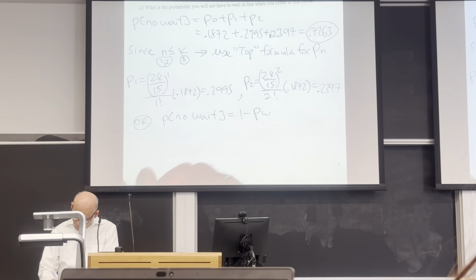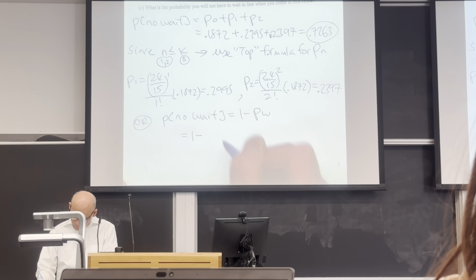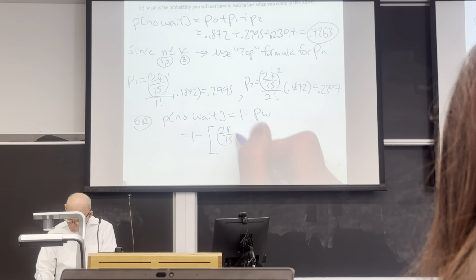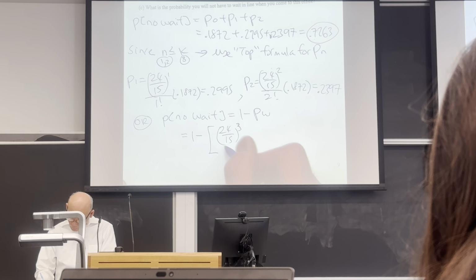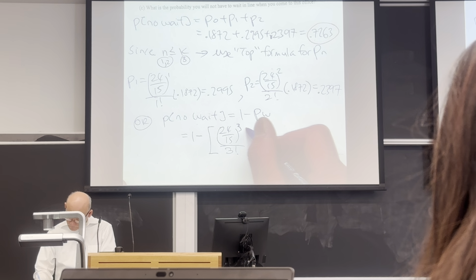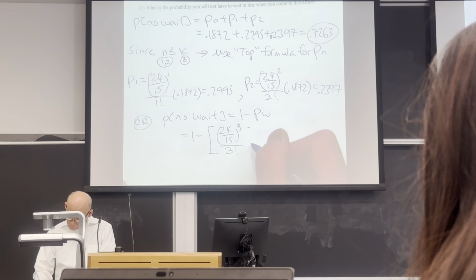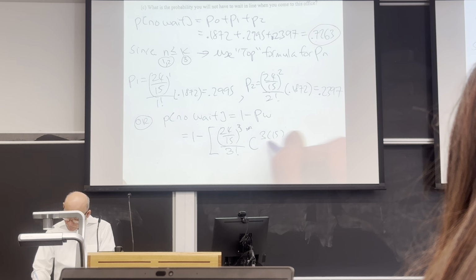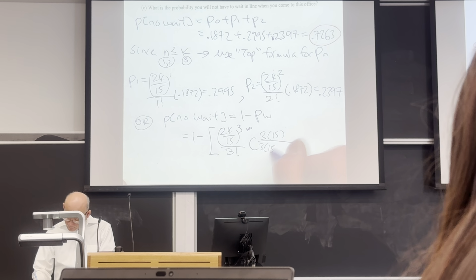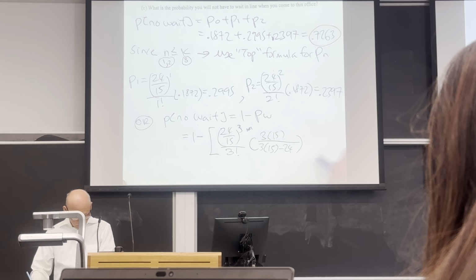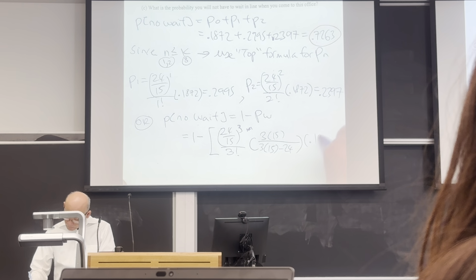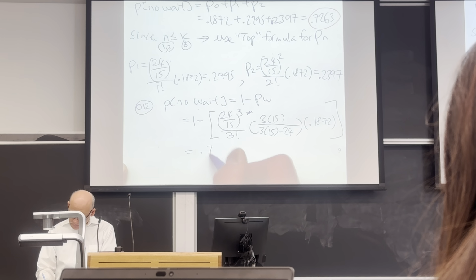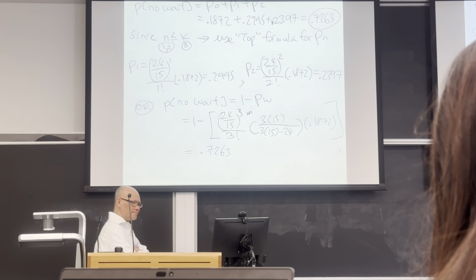And from the formula, the probability you have to wait is (lambda over mu) to the power of k over k factorial, and then we have k mu divided by k mu minus lambda, and then finally times P0. And you'll get the same 0.7263 back. Okay, so either way is fine.